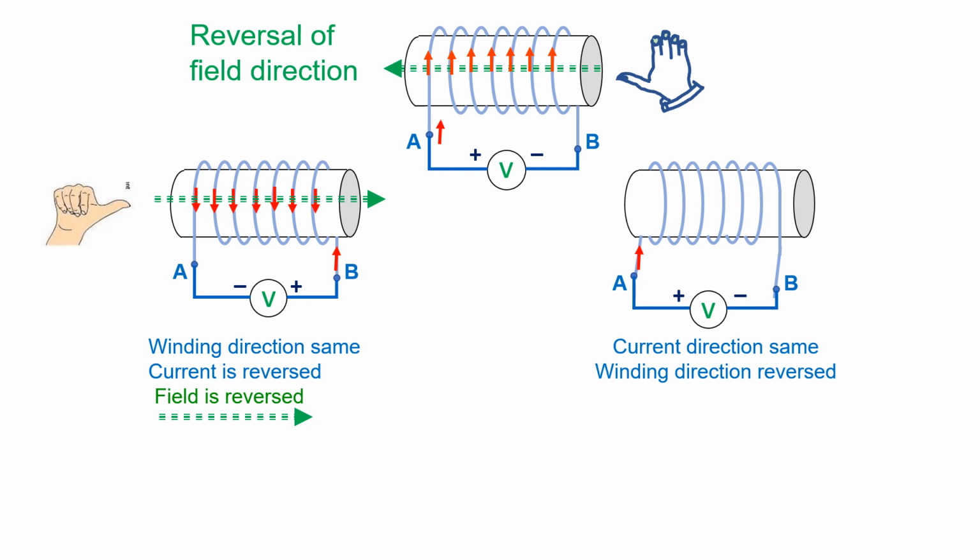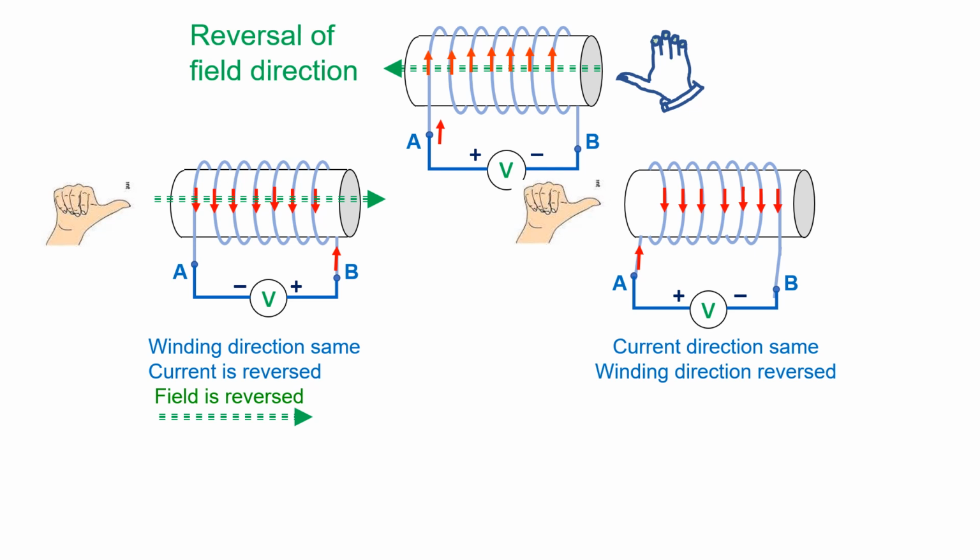Look into this third figure. The current direction is same now, but winding direction is reversed. You can observe the winding wound from the end A from back to front. The current flow in all the turns are shown by the arrows. Apply now the right hand grip rule showing the four fingers in the current's direction.